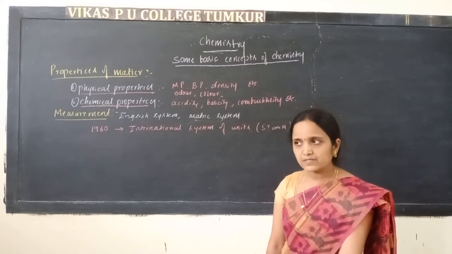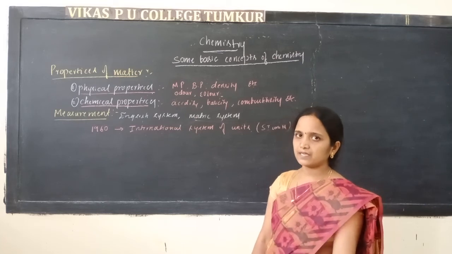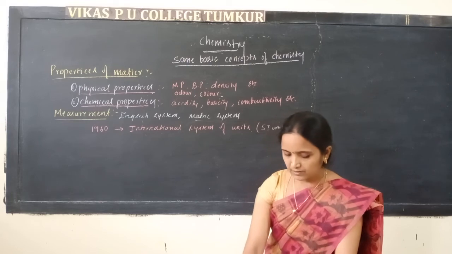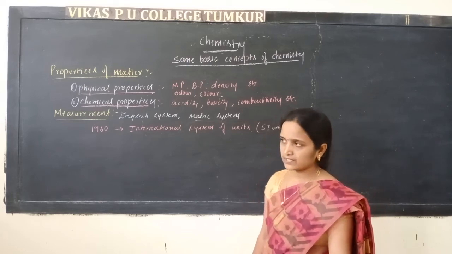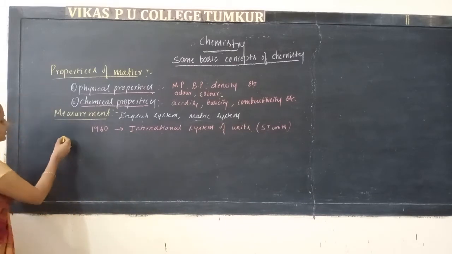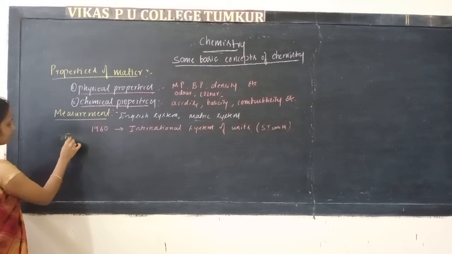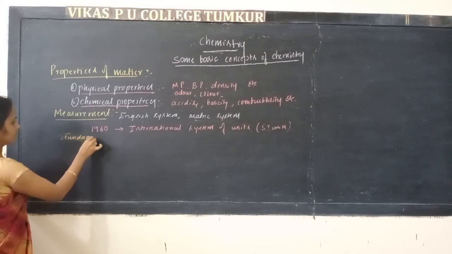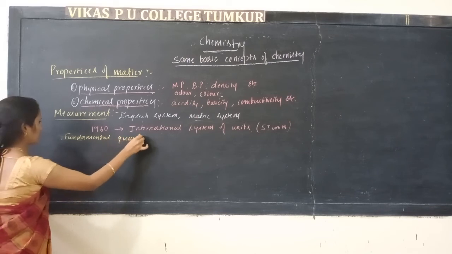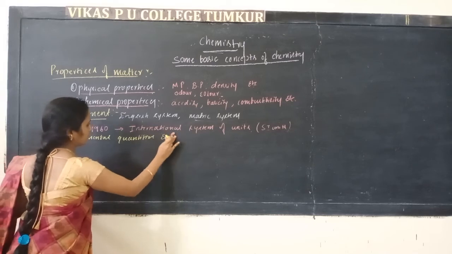In this there are 7 basic quantities that they take first. The 7 basic quantities are the fundamental quantities and units. First we are going to take the fundamental quantities and units.